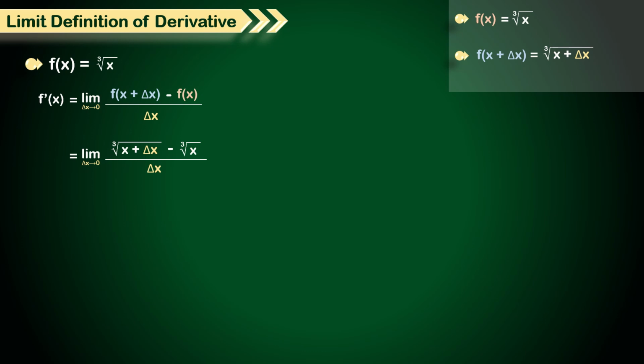Same procedure will be applied here. Rationalize the numerator. The conjugate of the cube root of x plus delta x minus the cube root of x is the square of the cube root of the sum of x and delta x, plus the product of the cube root of the sum of x and delta x and the cube root of x, plus the square of the cube root of x.